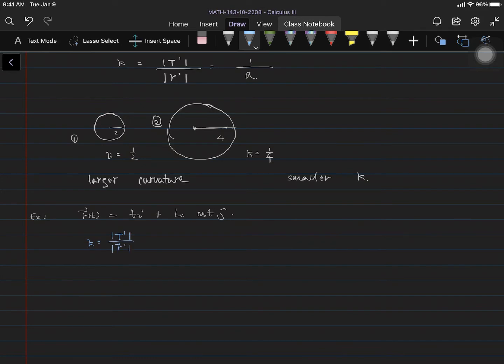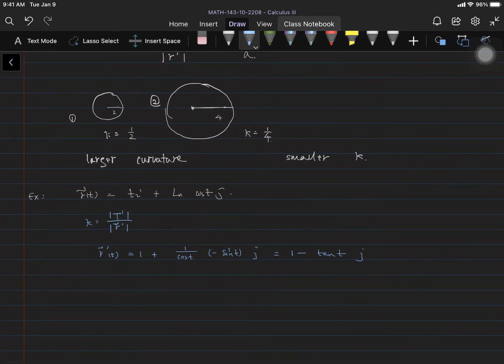Firstly, let's calculate r prime: 1 i plus, the derivative of cosine by the chain rule, negative sine t j. If you rewrite this, it is 1 i minus tangent t j. Is that correct?